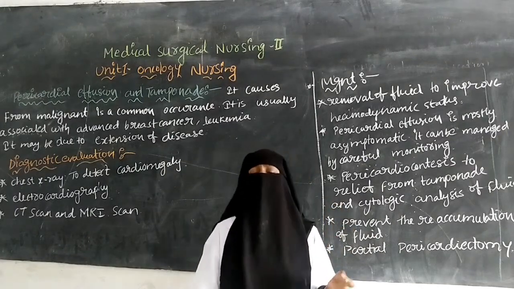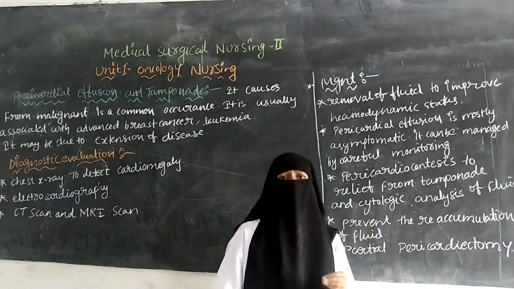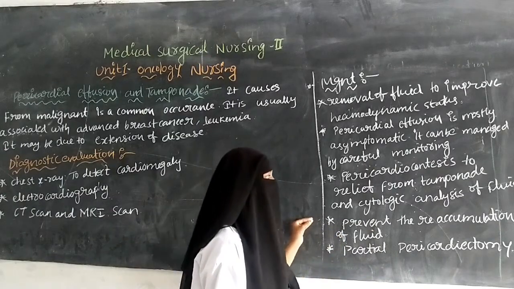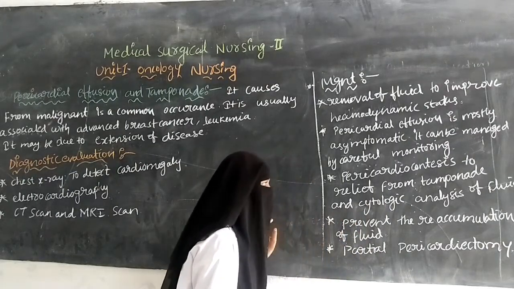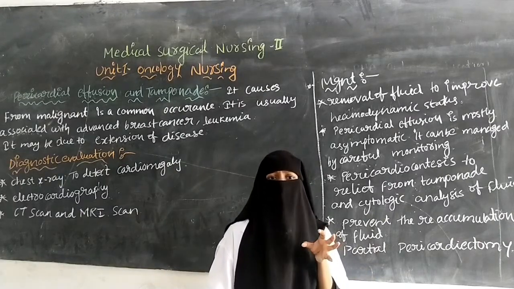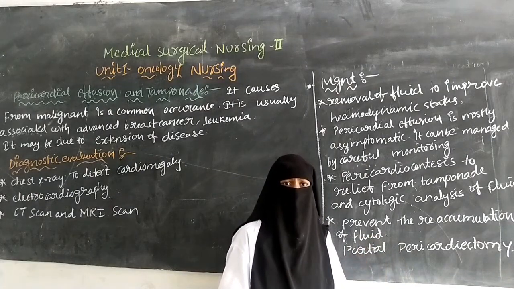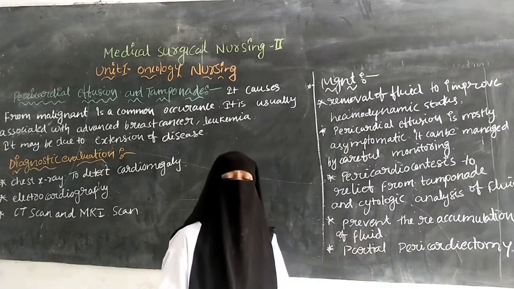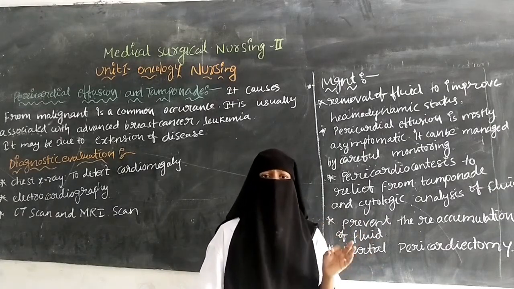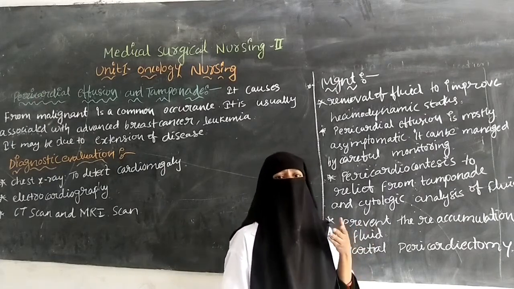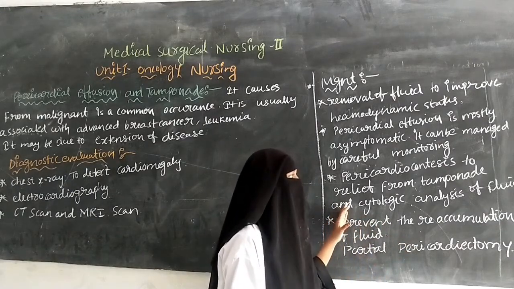By removing this fluid, we can reduce the compression over the heart, improve the heart function, and decrease the chances of tamponade. Pericardiocentesis means removing the excessive fluid from the pericardial cavity, so the pressure or compression over the heart is decreased. The catheter is a flexible tube with a needle that is passed through the blood vessels to remove the excess fluid.